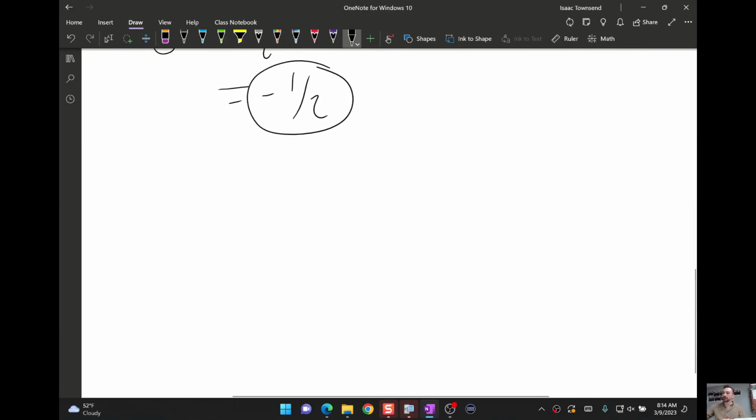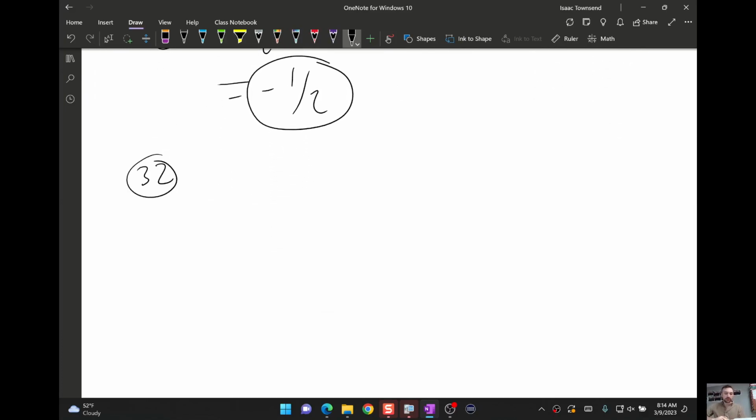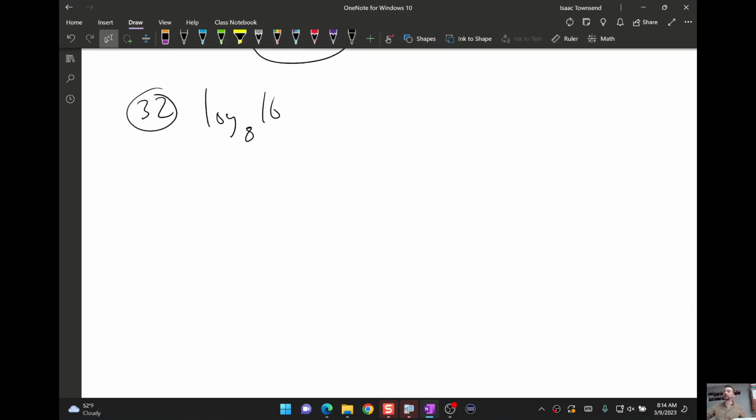Okay, 31 and 32 we did like one of these in 3.2, but not very many. So these are the ones where I know it's possible to do without a calculator because it says it in the directions. And if I try to think of nice whole numbers, my answer has to be bigger than 1 because 8 to the first is only 8.